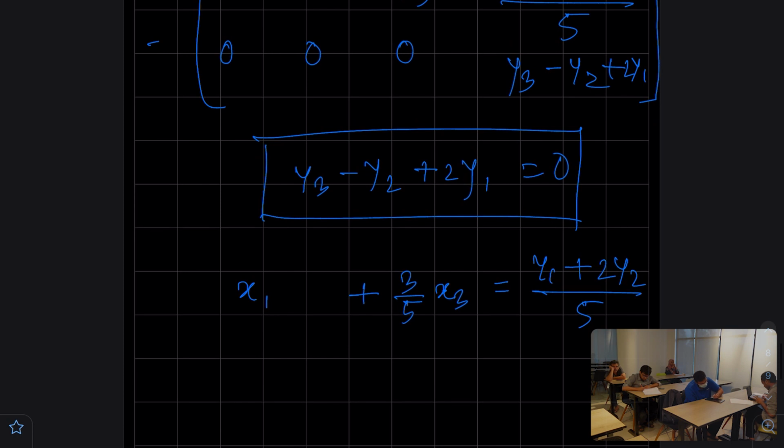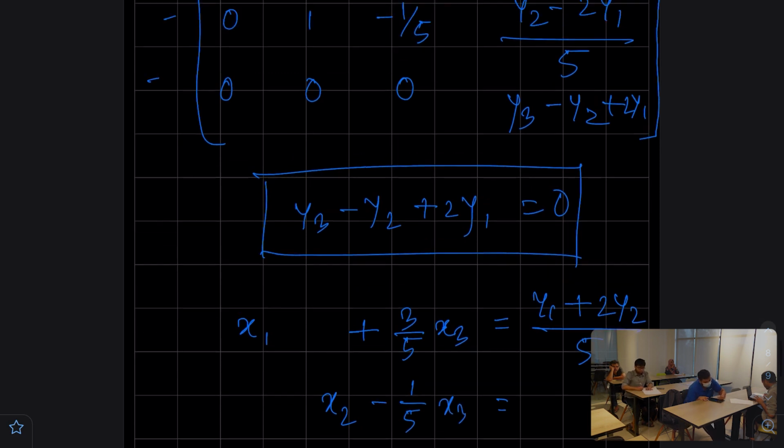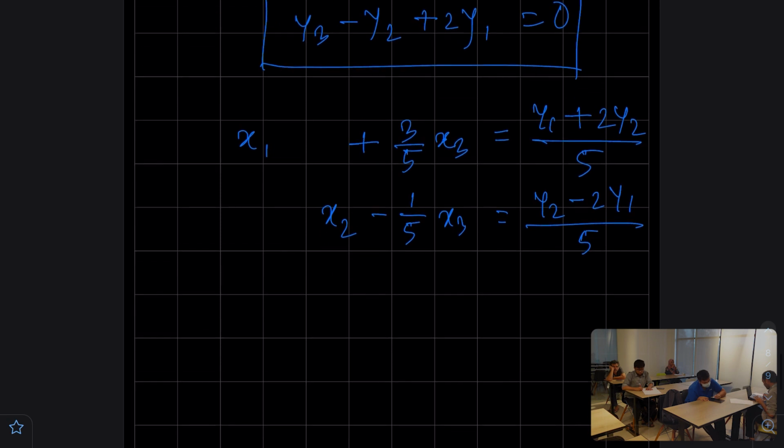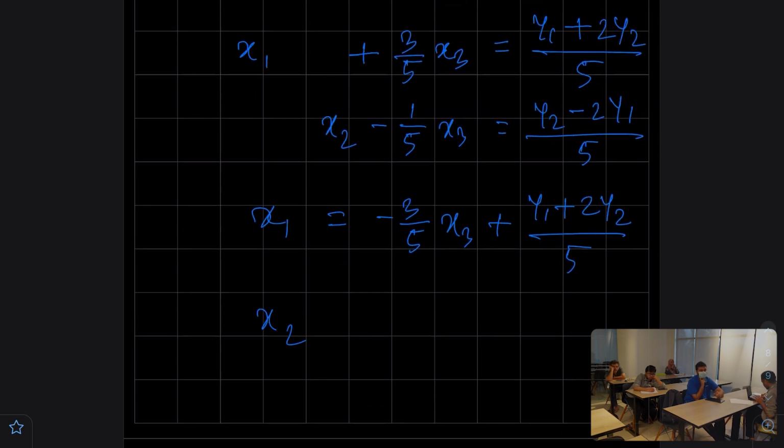Then the second one is x2 minus 1 over 5 x3 equals y2 minus 2y1 over 5. And for the third one, it is already 0. So the solution: x1 equals minus 3 over 5 x3 plus y1 plus 2y2 over 5, and x2 equals 1 over 5 x3 plus y2 minus 2y1 over 5.